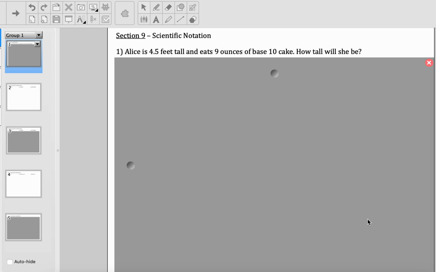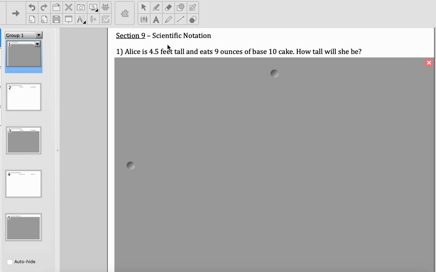In Section 9 notes, we are going to talk about scientific notation. In the Base 10 ALICE activity, we were looking at how we could utilize scientific notation to express how tall Alice is after eating Base 10 cake.